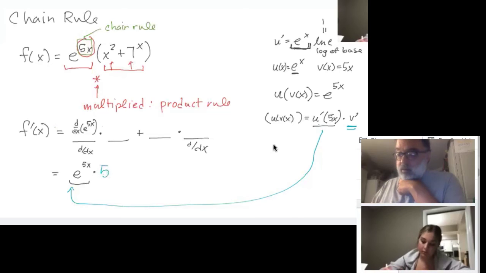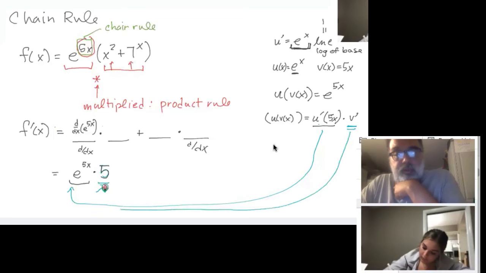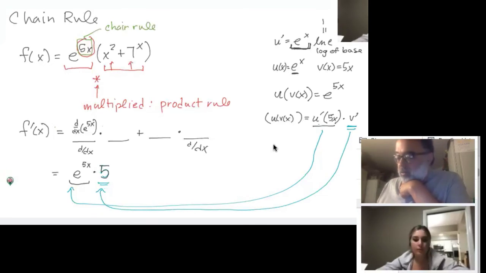And from applying the chain rule, that's this second part. That's the derivative of the inside. The inside was 5x.